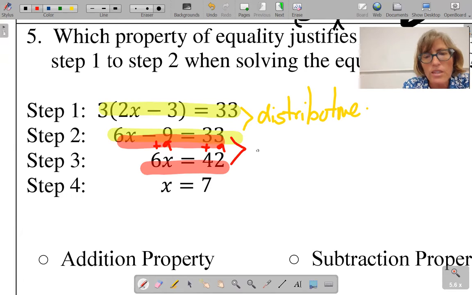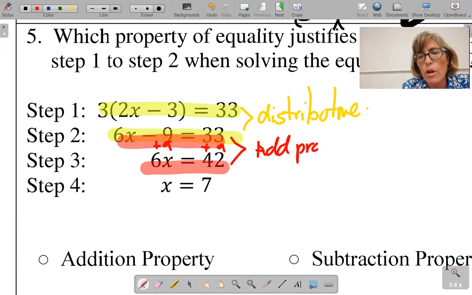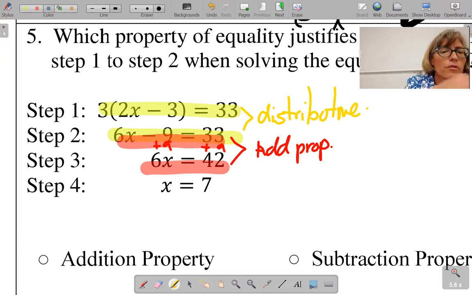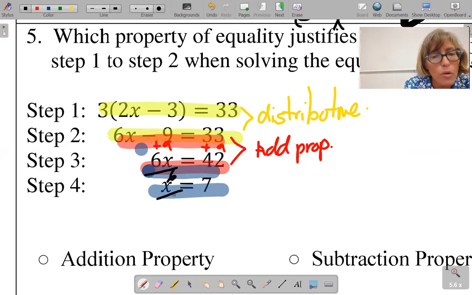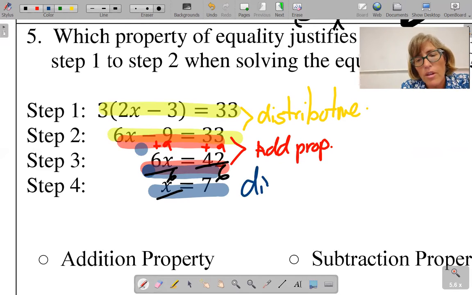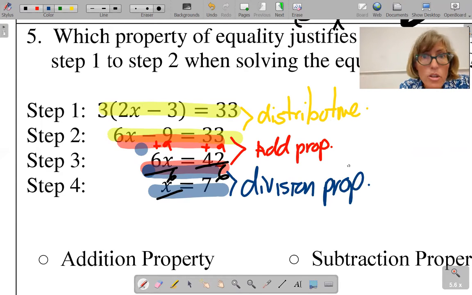So we call that the addition property because you're working on both sides. And then from this line to this line, we divided by 6, both sides, and that is called the division property. You can't just say division. Because you're working both sides of that equal sign, you have to call it addition, subtraction, multiplication, division property.